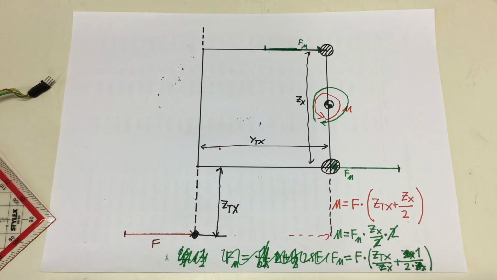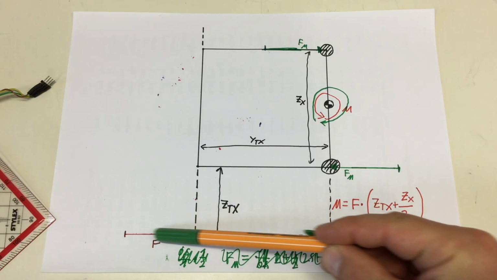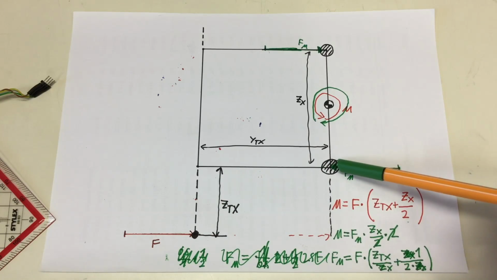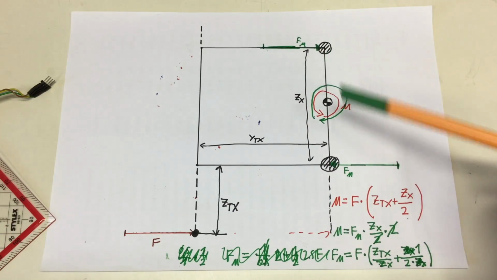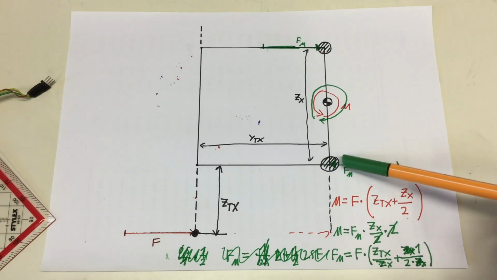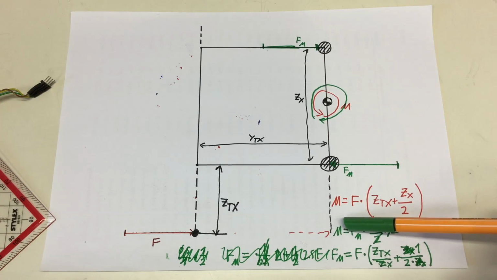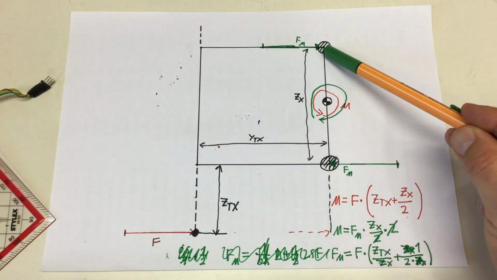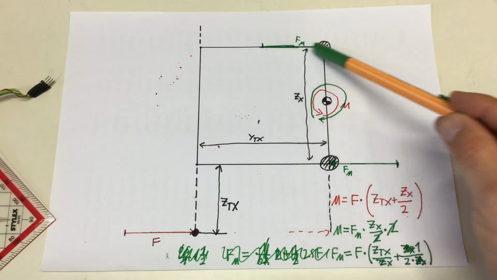That's quite nice, but something is missing. If you sum up all forces on the y-axis, you see that we now have an excess of 5 centimeters or 1.